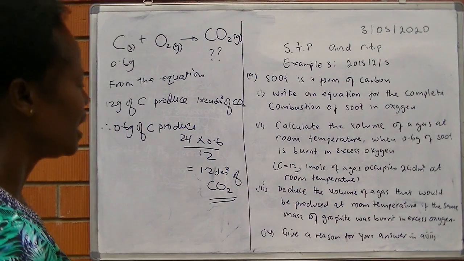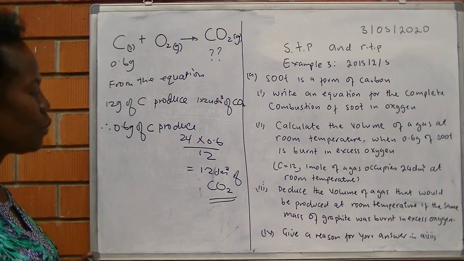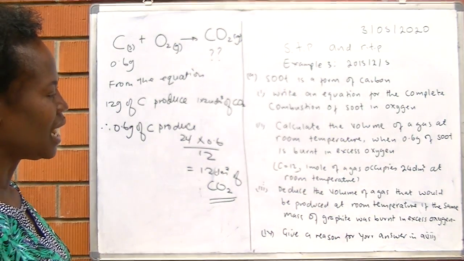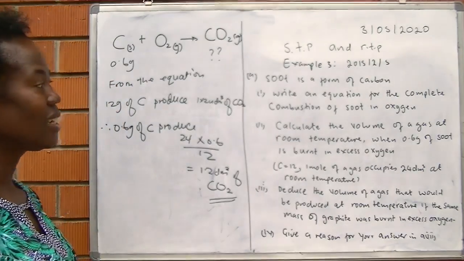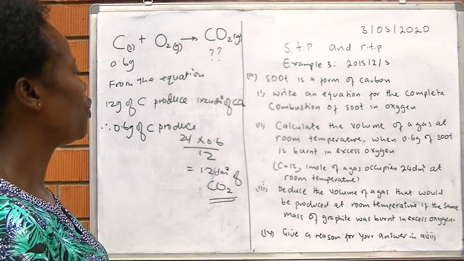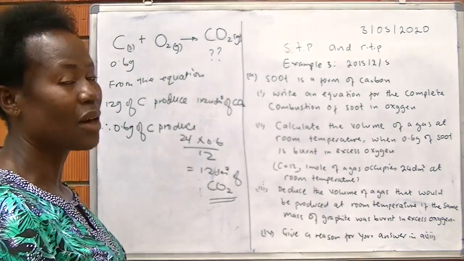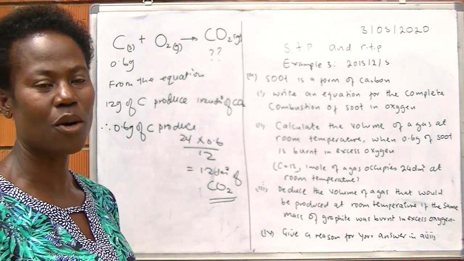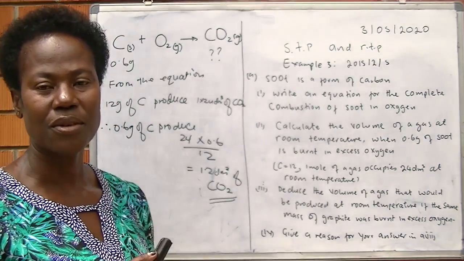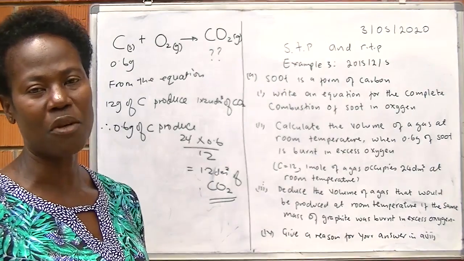Roman number 3, deduce the volume of the gas that will be produced at room temperature if the same mass of graphite was burnt in excess oxygen. Maybe to remind you, soot is an allotrope of carbon. Carbon exists in 3 different forms. We have graphite, diamond, and amorphous carbon.